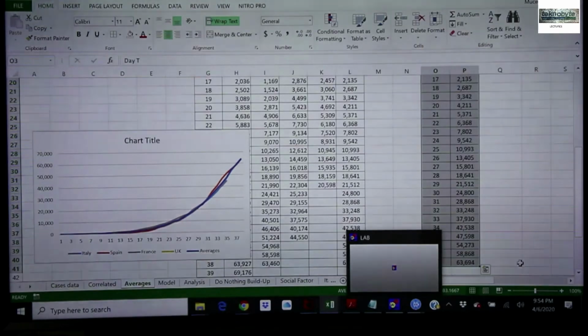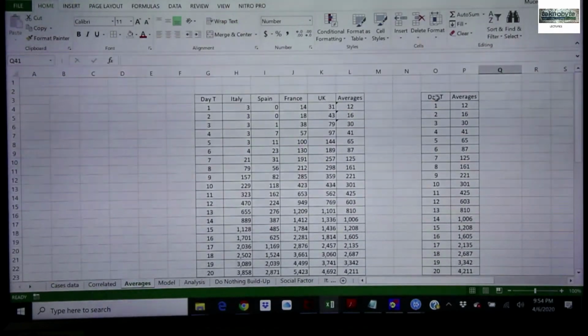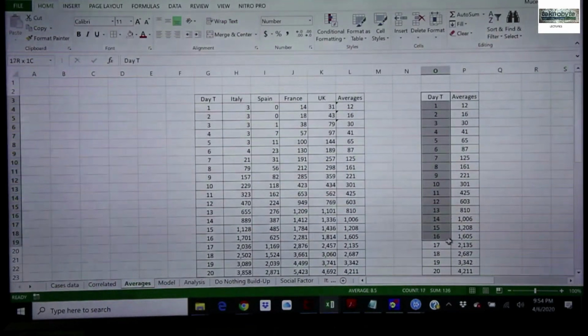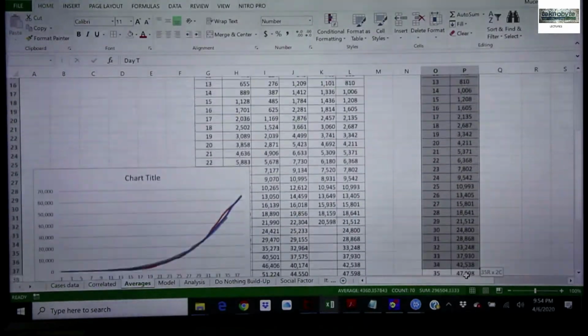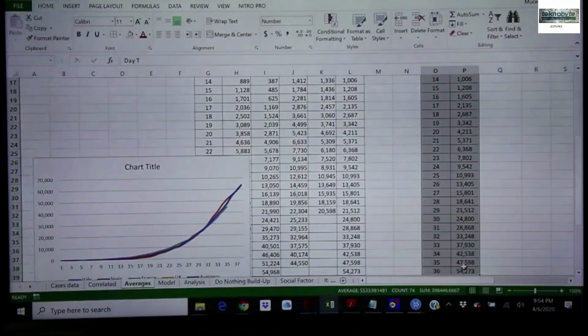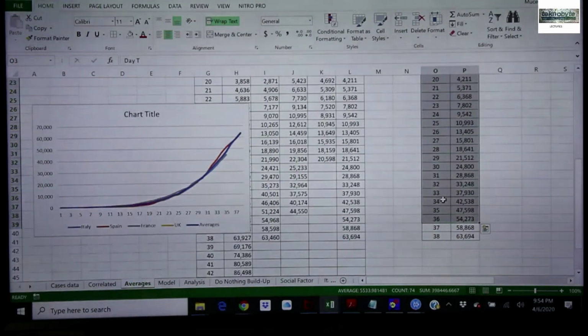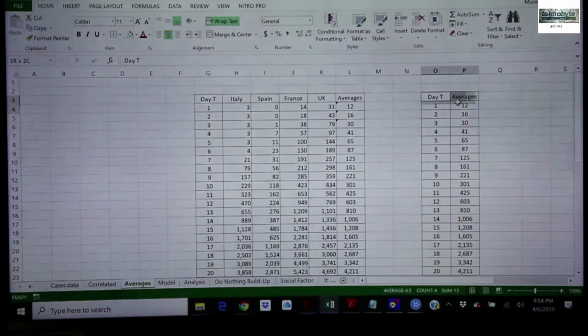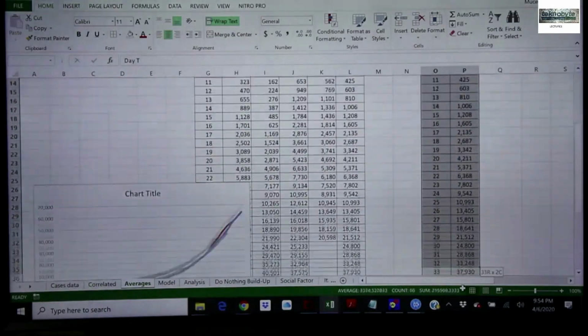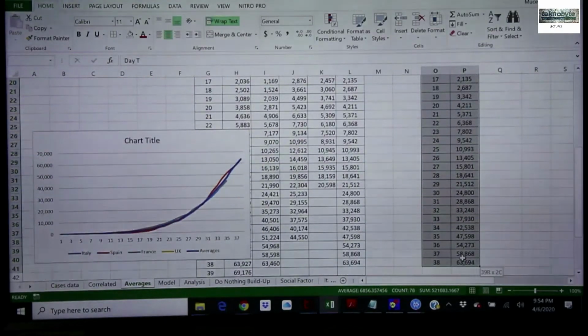So what I've done is to feed this average data and the number of days, one representing the X and the other the Y, to curve fitting software, which will give me the mathematical function that best fits the data. There are very many curve fitting softwares out there, so it's easy for you to do that.